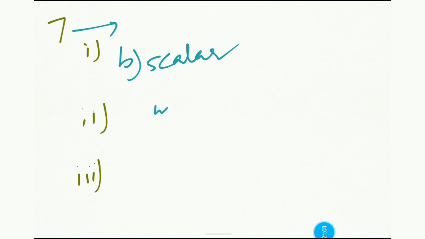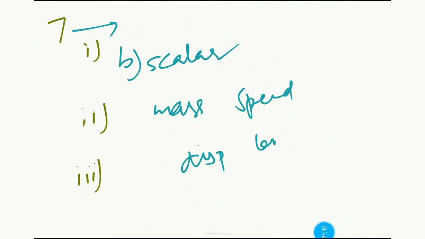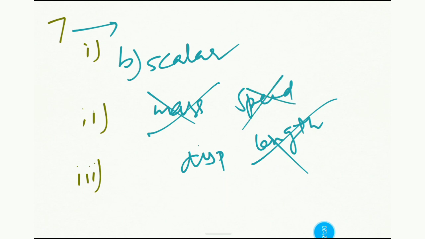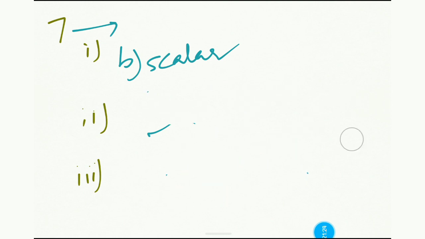First, mass, speed, displacement and length. See, mass and length, simply we can say they are scalars, eliminate them. Speed is also a scalar, so displacement is the only vector quantity. So option will be C for the second one, displacement.